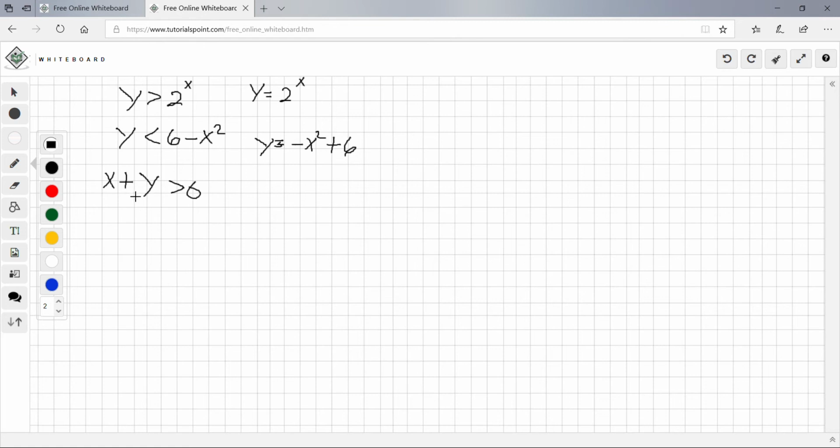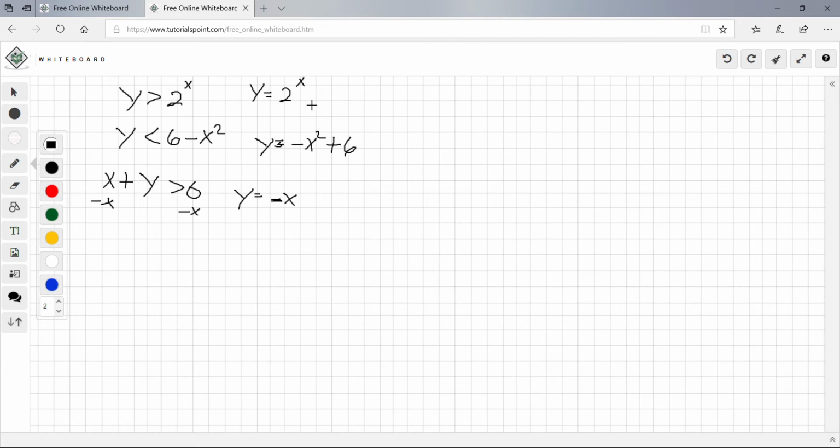And then for this one, I'm just going to solve it for y, because if I just leave it like that and I found the x and y intercept, it'd still be 0. So y is equal to, I'm going to subtract x from both sides, so I'm going to get negative x. Okay, so we know how to graph this part.